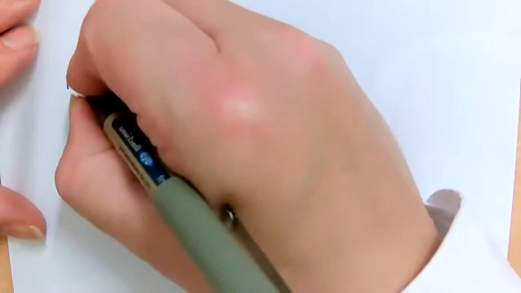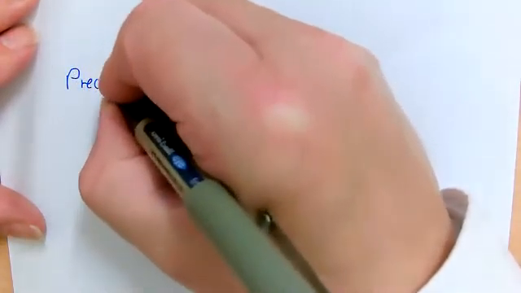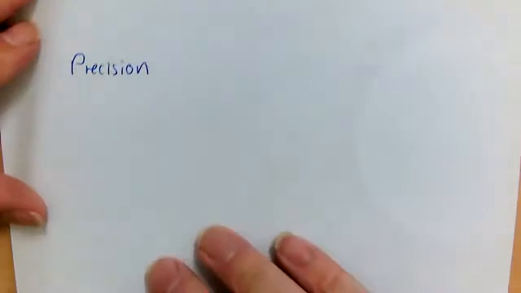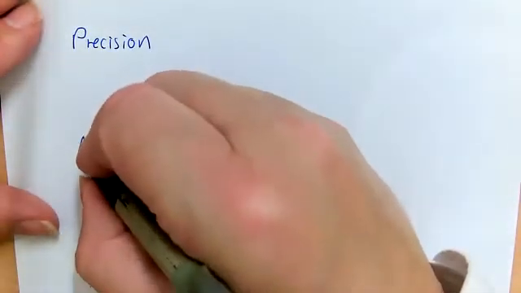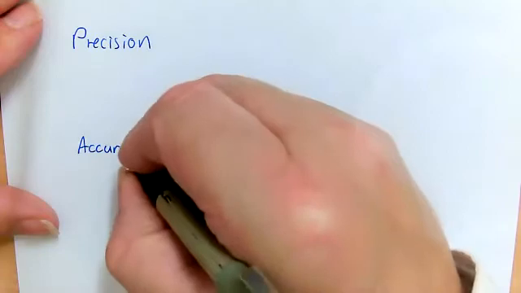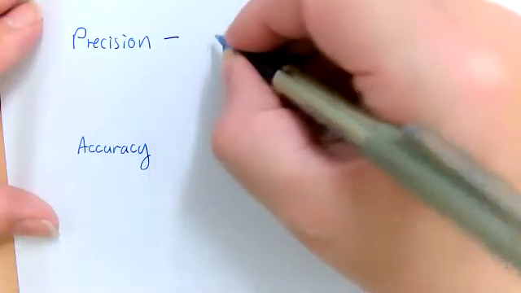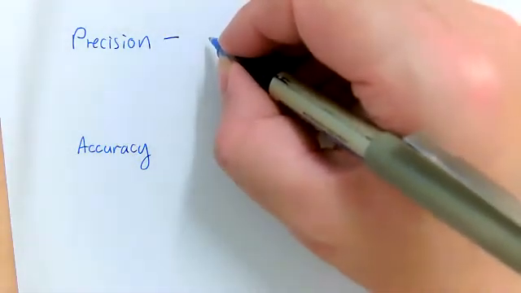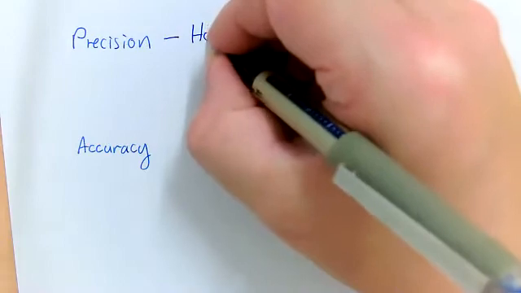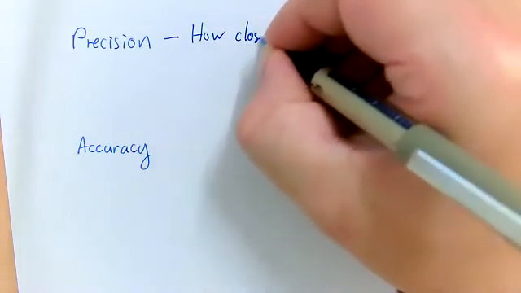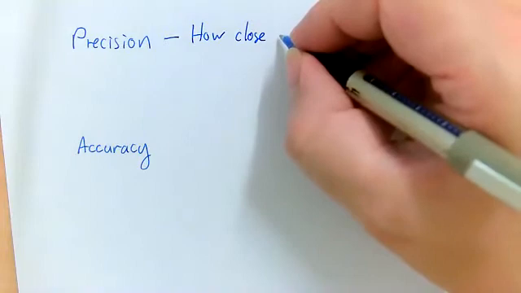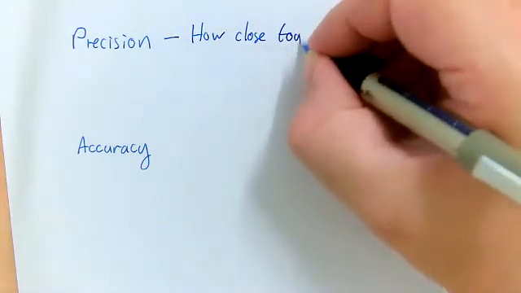The two things, as I said before in the last walkthrough, were the ideas about precision, whether or not something's precise, and accuracy. They sound like they are the same thing. They are not. Precision, in terms of a value being precise, is about how close together repeat values are.